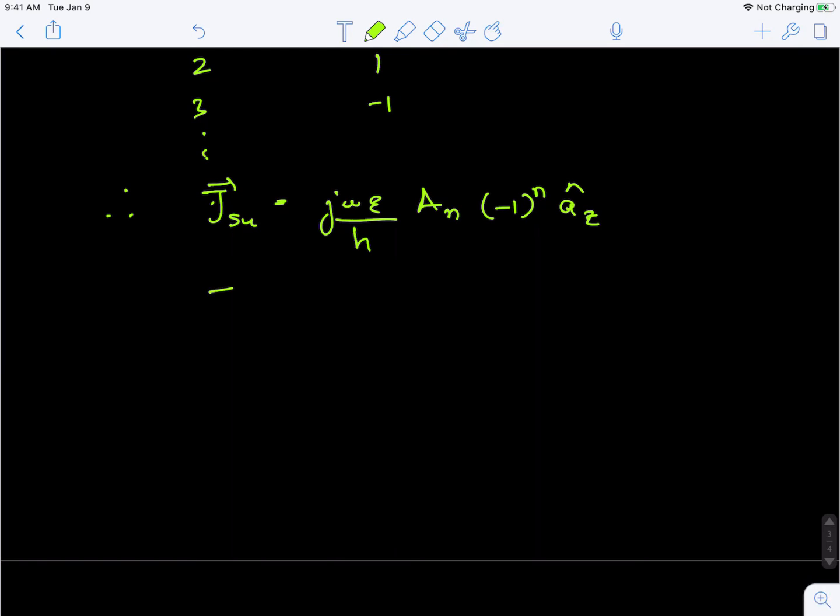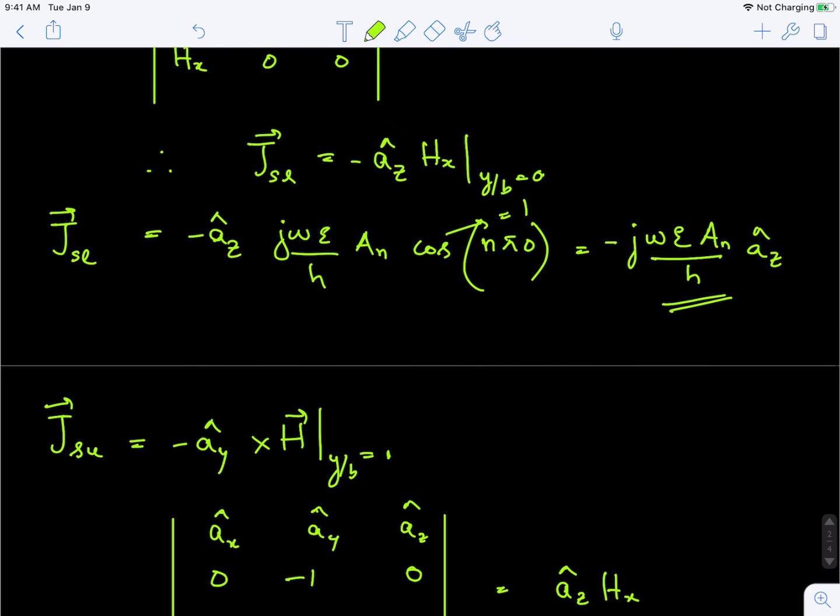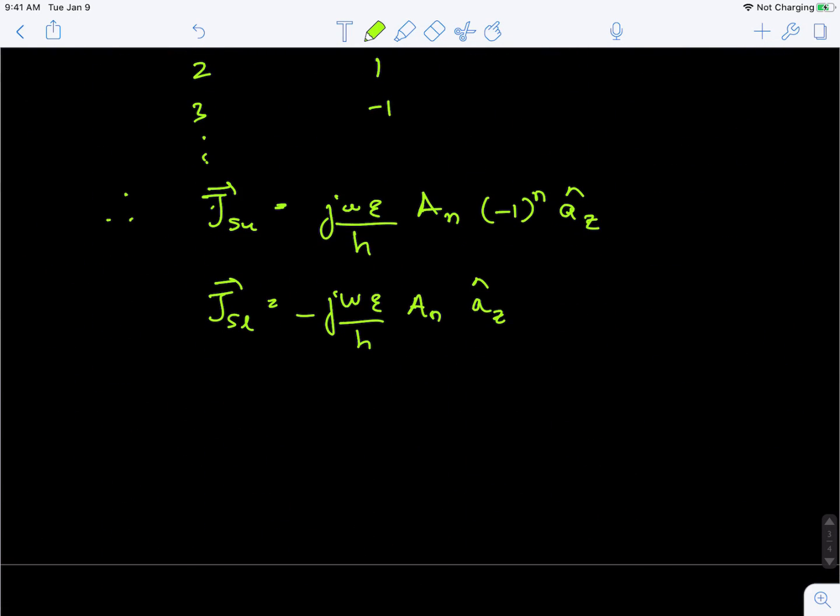We know that J_SL is going to be j omega epsilon by h times minus a_n a_z. So if this is the positive z direction and this is the negative z direction, on the lower plate you will see that the current always flows in this direction.